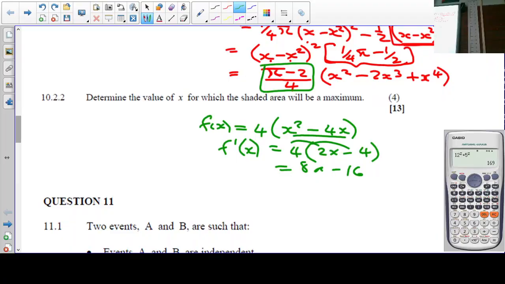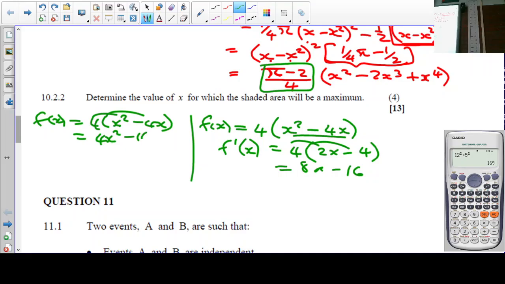Not so? But you guys can say, but we have to first multiply it. Let's check what happens if we multiply first. f of x equal to 4 into x squared minus 4x, which gives us 4x squared minus 16x. Apply the derivative. It's going to be 8x minus 16. You say, oh my word!